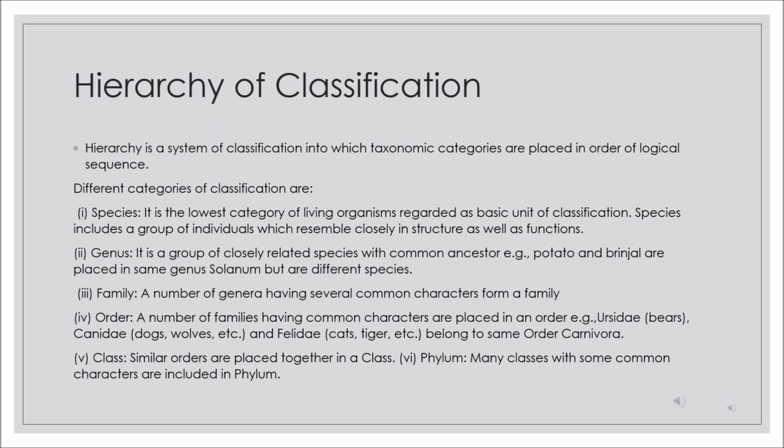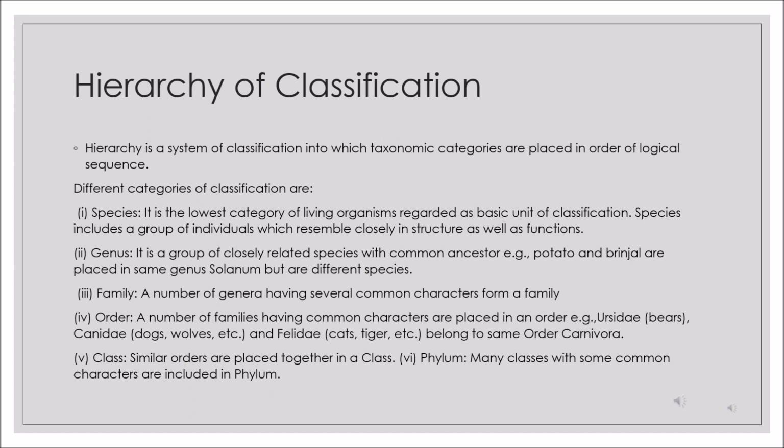There we use two names, the genus name and the species name. So here the potato and brinjal have the same genus called Solanum. Even though they are different species, the genus name for potato and brinjal will be Solanum.